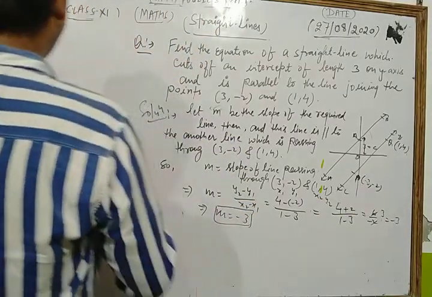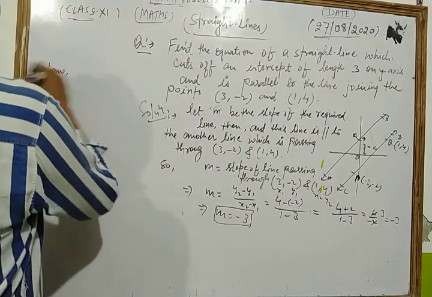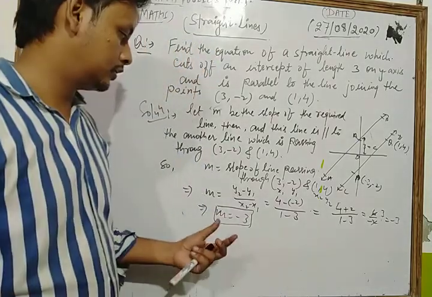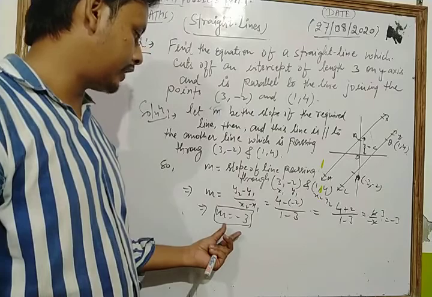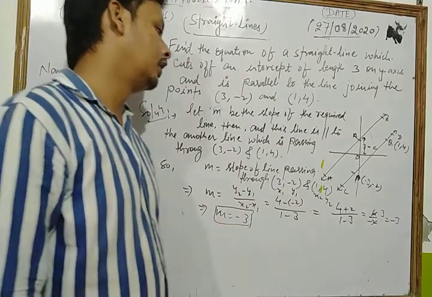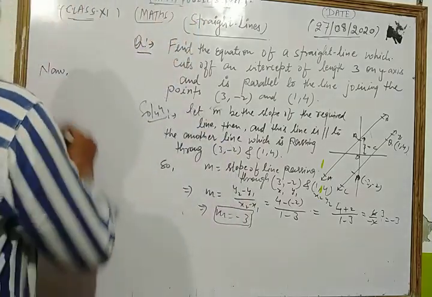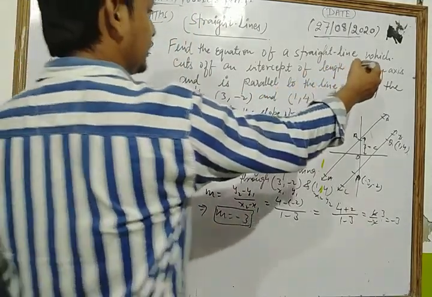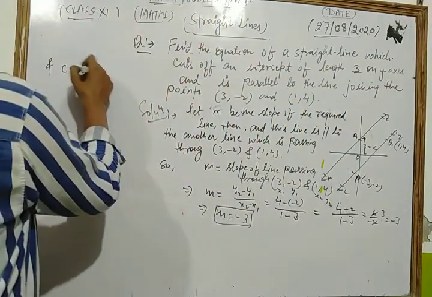Now look, dear students, here we have m equal to -3, and the y-intercept c is equal to 3.